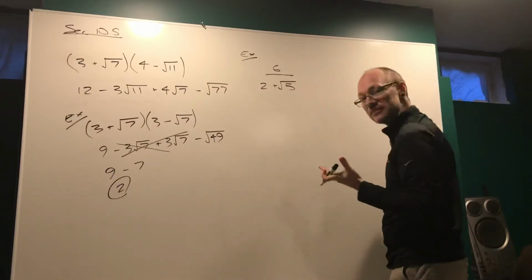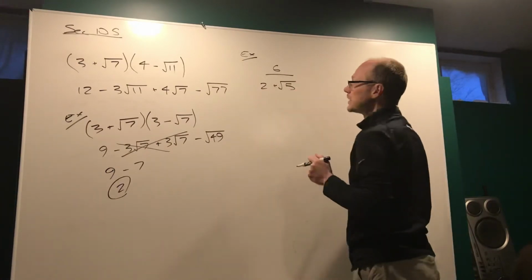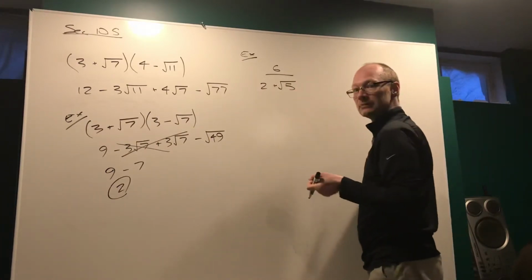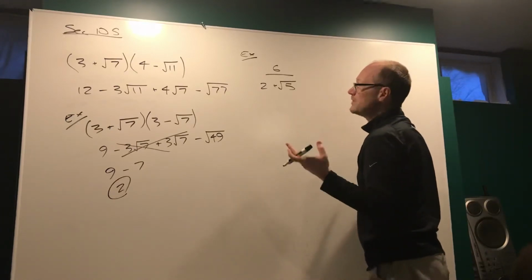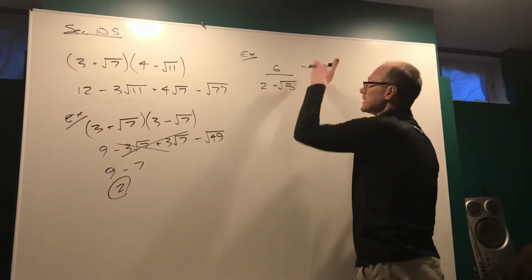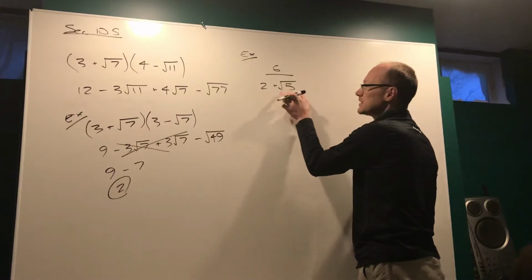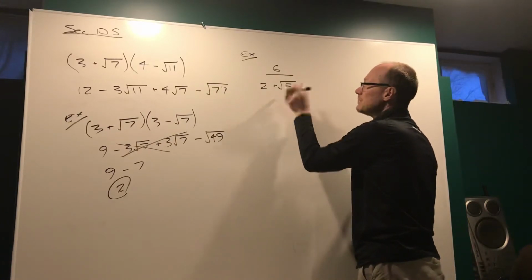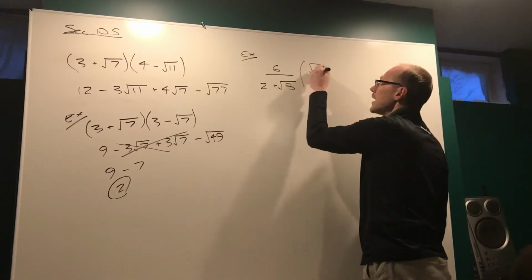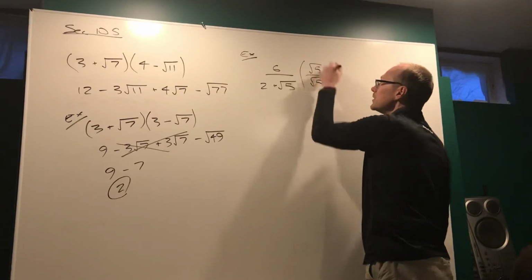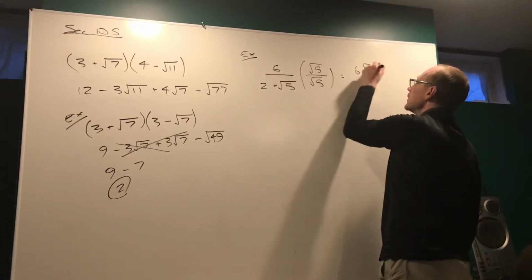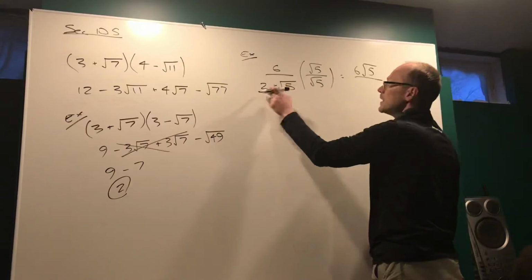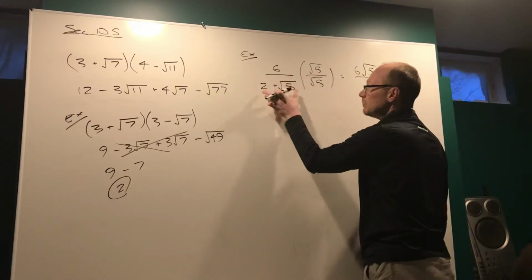Well, this is not simplified because there is a square root in the denominator. How do I get rid of that? In the previous lesson, I multiplied top and bottom by something that would make this cancel out. But if I multiply by the square root of 5 over the square root of 5, the square root of 5 distributes to both terms.